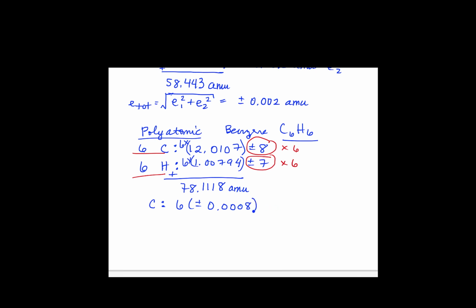So that means that the carbon's uncertainty is going to be 6 times plus or minus 0.008, and the hydrogen's uncertainty is 6 times plus or minus 0.0007 atomic mass units. Or, in other words, 0.0048. I'm going to leave those extra digits in for right now. And this one is a little small, so we'll just say 4.2 times 10 to the minus 4 atomic mass units.